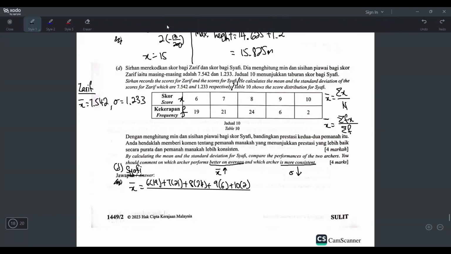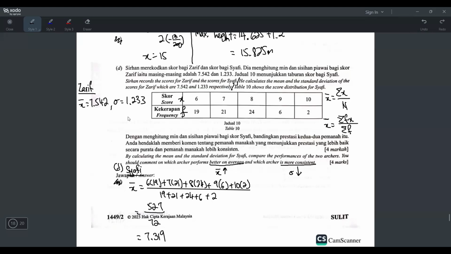Okay, so what is the total frequency here? 19 plus 21 plus 24 plus 6 plus 2. Okay, the total frequency is 72. And then adding everything on top, you will get 527. And then when you divide by 72, you get 7.319. So the mean here is 7.319.